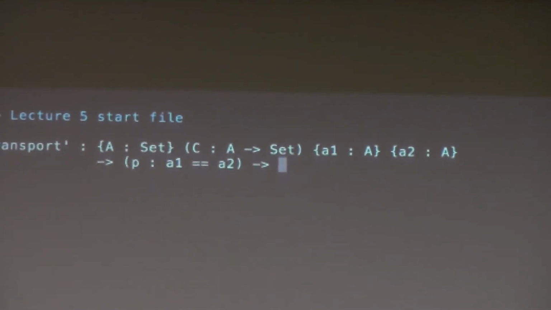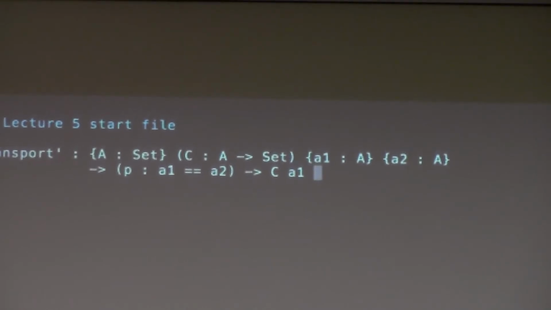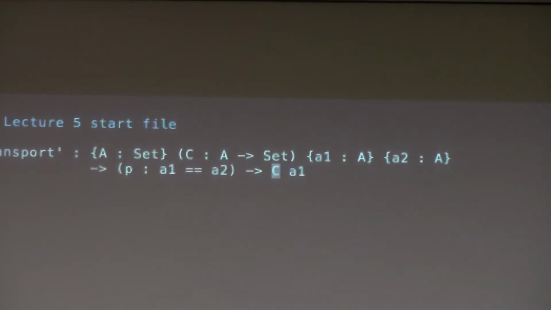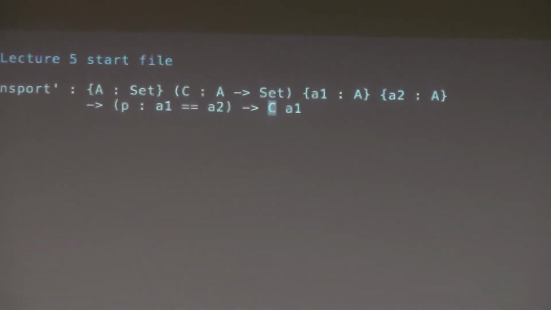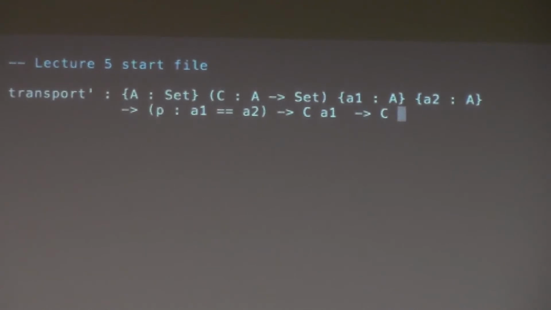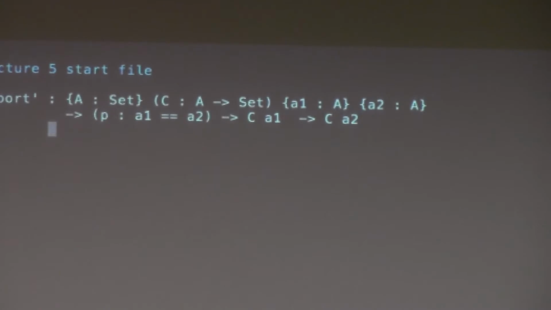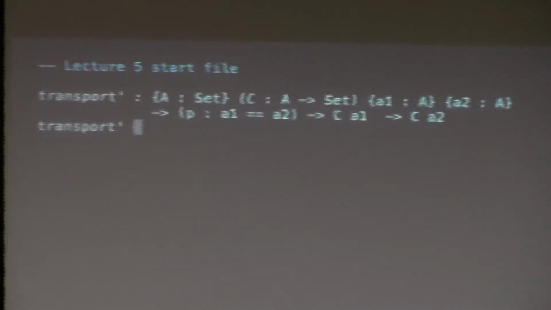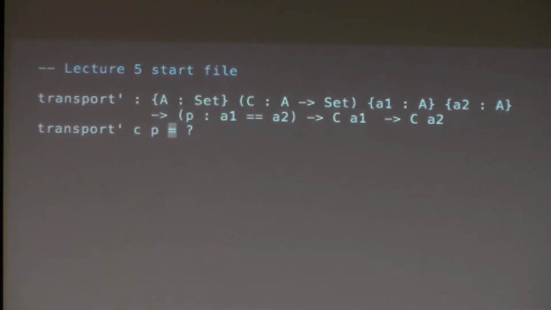From C of A1, so capital C applied to little a1, to capital C, so a function that takes that to, OK, so let's write a function. That takes C of A1 and returns C of little a2. OK? All right, so now let's just put in a transport prime of CP equals, or CPX equals question mark.